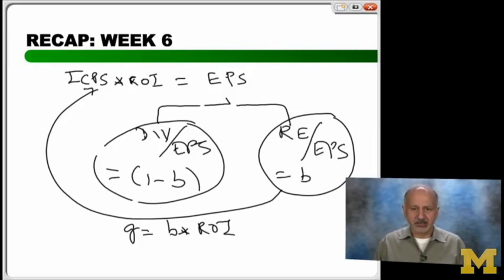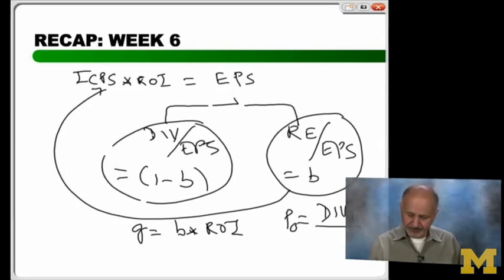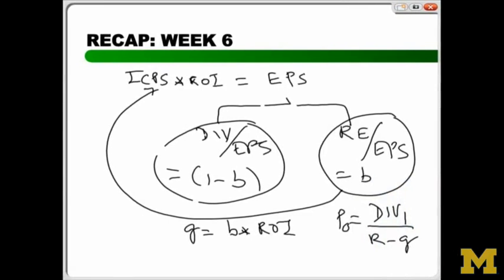One quick comment: we are an all-equity firm. We could borrow to grow too, but the principle would be the same. The key is growth in what? This growth is in cash flows. So the formula becomes P naught equals Div 1 over R minus G.